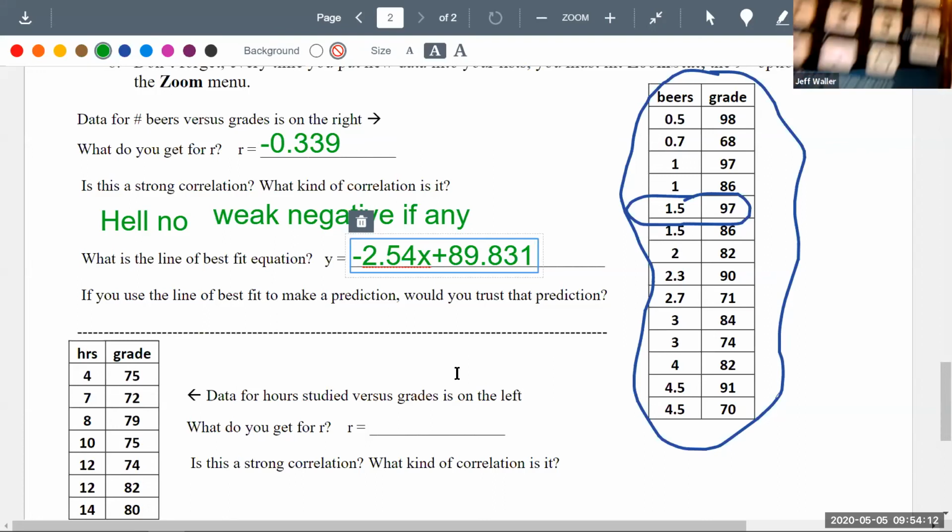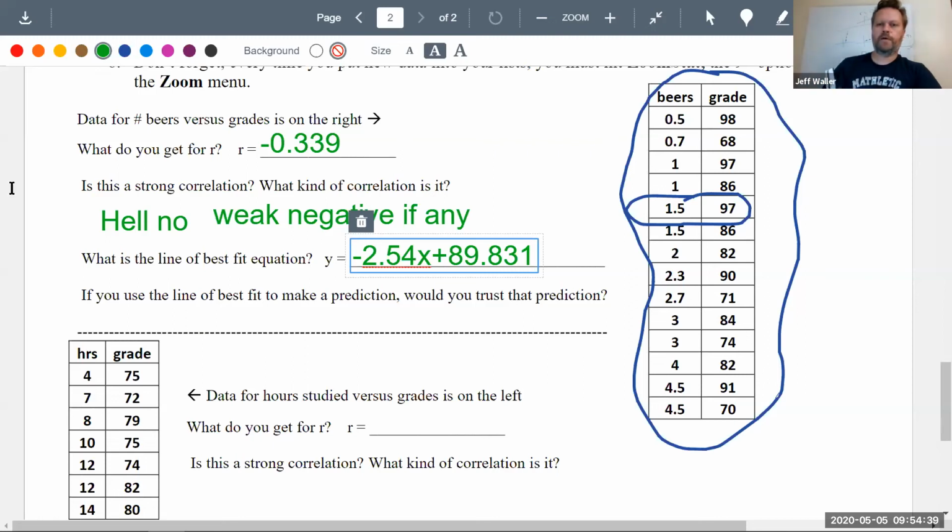Y equals, now I can just put in there negative, right? Be sure to use the negative key. Negative 2.54. Your X button is right next to your alpha button. See your X button? Negative 2.54X plus 89.831.